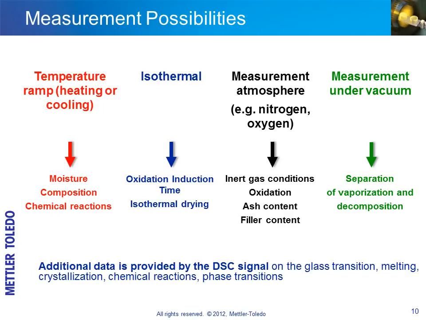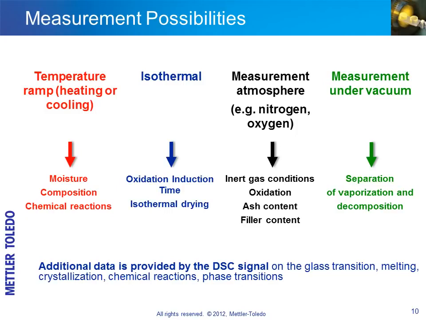Isothermal measurements are mainly used to determine the oxidation-induction time of materials or to study the release or absorption of moisture. The atmosphere is often switched from inert to oxidative to burn the carbon black and determine the ash or filler content. Measurements under reduced pressure or vacuum are employed to separate overlapping effects of vaporization and decomposition.